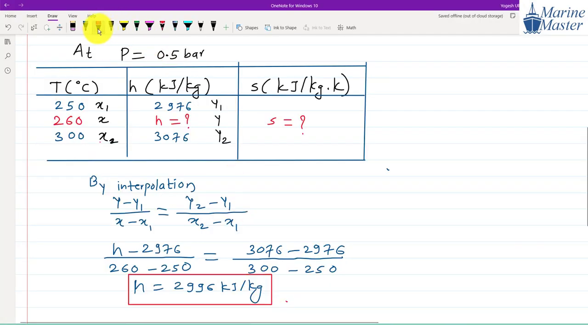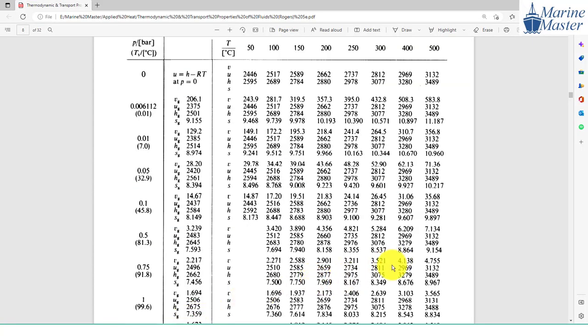I'm going to write down 8.355. Then for 300 degrees Celsius at 0.5 bar, the value of entropy is 8.537. Check it.